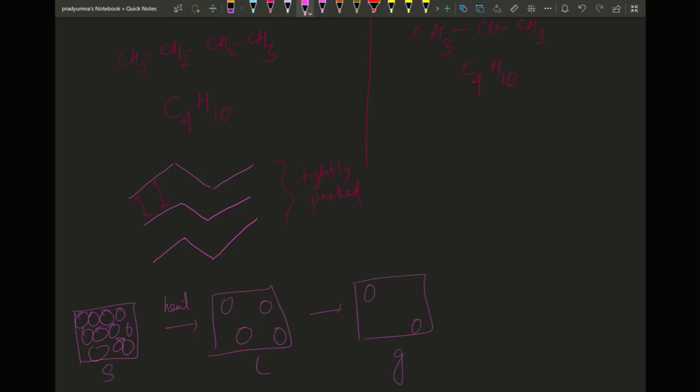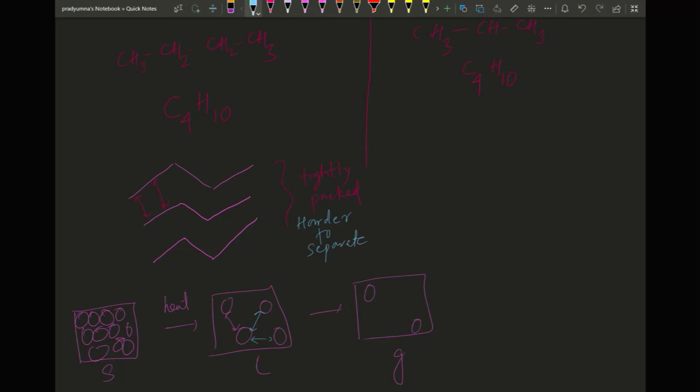So the distance between the particles goes up as we go from solid to liquid, and liquid to gas. To separate them, you need to apply heat or energy. The tighter they bind, the harder to separate.